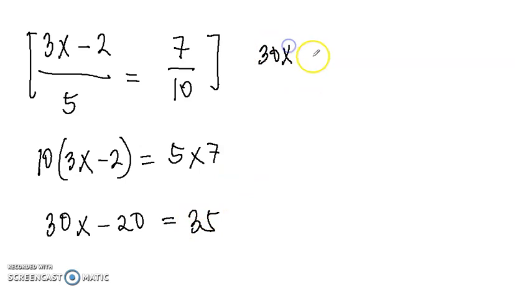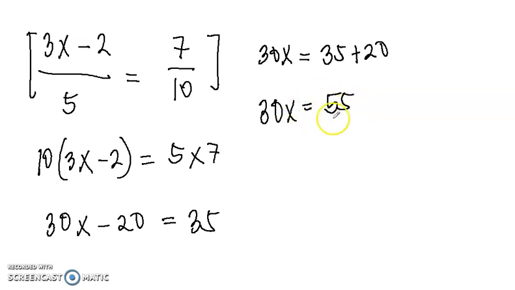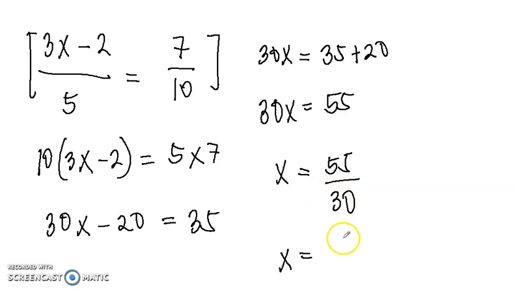Next, 30x equal to 35 plus 20. Then 30x equal to 55. x is equal to 55 over 30, or we can simplify that as 1 5 over 6.